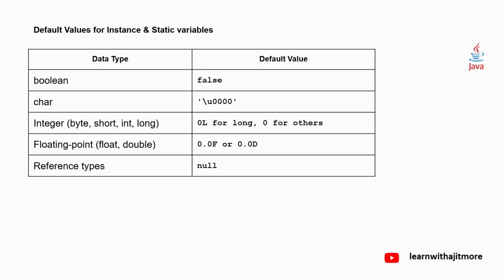And where do they get space? On the stack section. Correct? So locals get memory on the stack. Instance gets memory on the heap. And static gets memory in the data section, or along with the code, or in the method area, you can call it. Okay? Good.